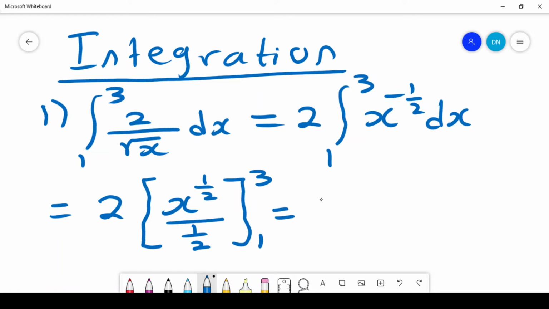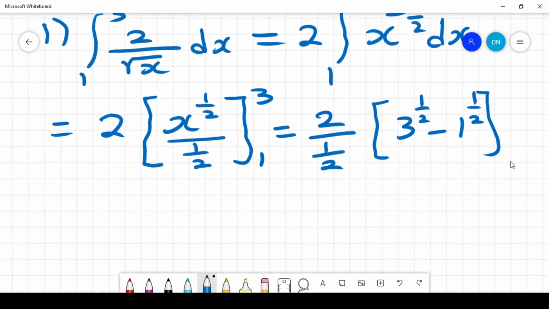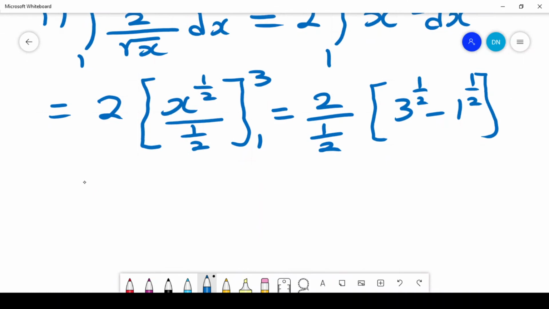And this automatically becomes 2 divided by a half. I'll leave it as it is now. It is 3 to power half minus 1 to power half. 2 divided by a half is the same as 2 times 2, and this is 4.